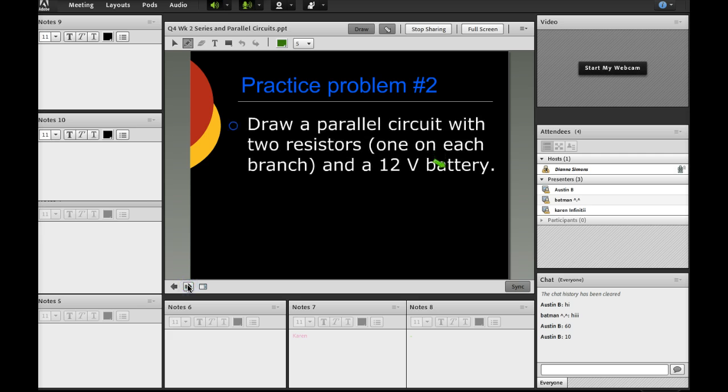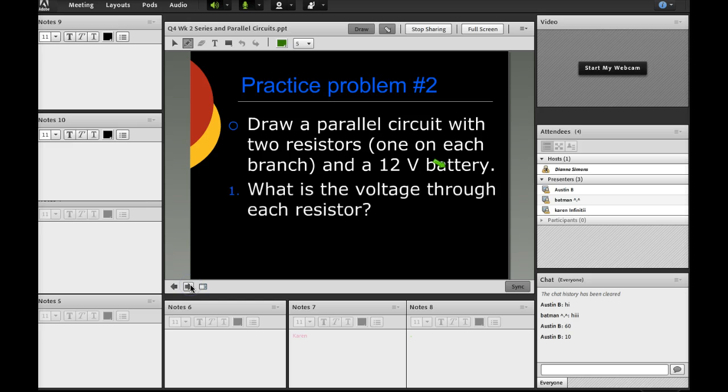So practice problem number 2. We're going to draw a parallel circuit with 2 resistors, 1 in each branch, and a 12-volt battery. What is the voltage across each resistor?